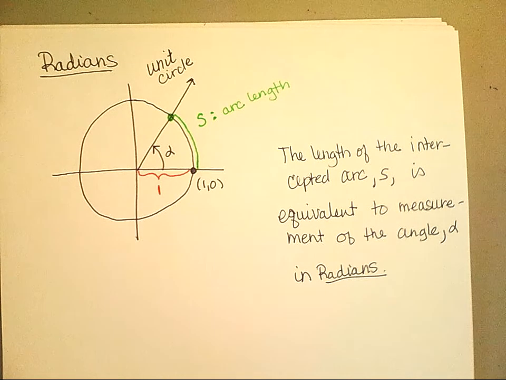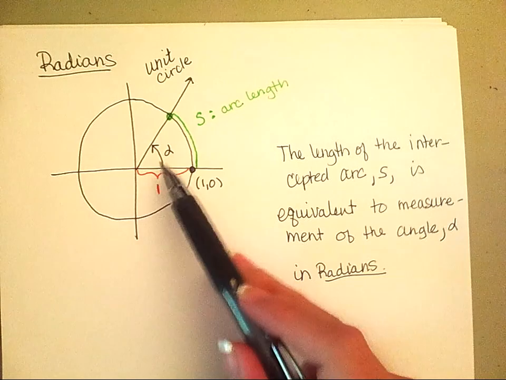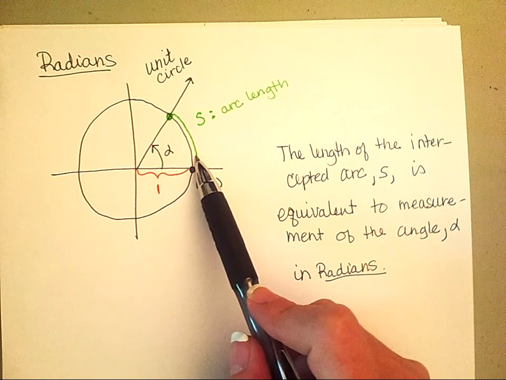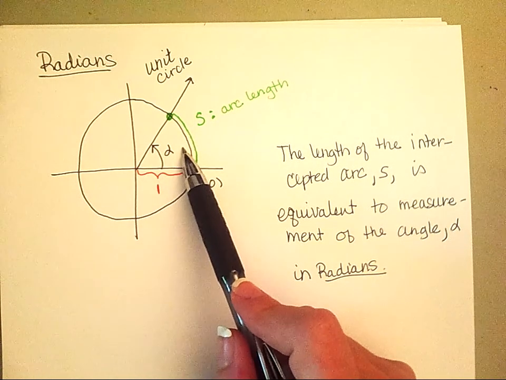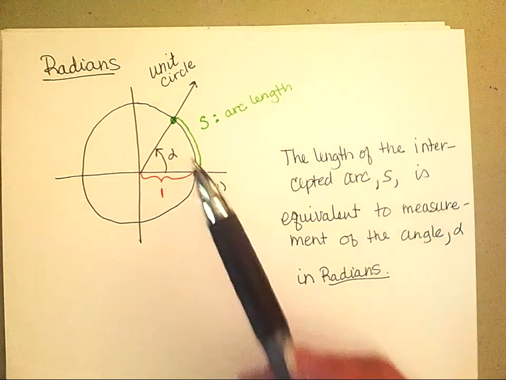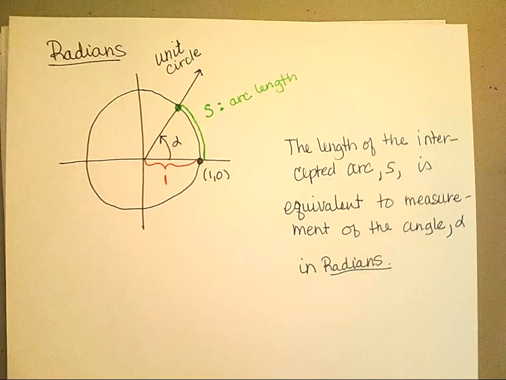And that's going to be a really big help for us, okay? That is, this angle alpha will be the same as this arc length if we're measuring in radians. If we're not measuring in radians, if we're in degrees, we're going to have to do some conversions. It will not be true. Okay.